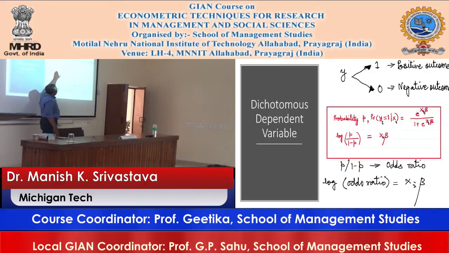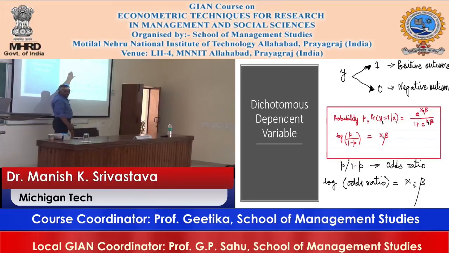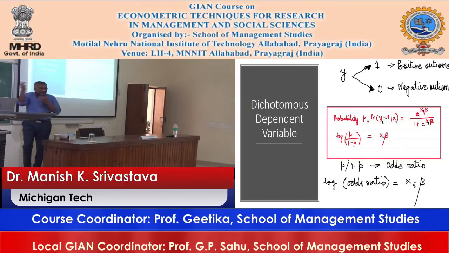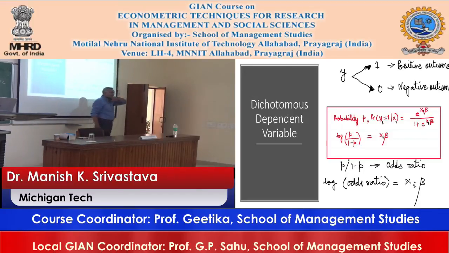What you see in the middle is actually the odds ratio, so the log of odds ratio is equal to xb, which is the part we are very familiar with. The right hand side is the same. We just made it simpler, so it's essentially the log of odds equal to xb.